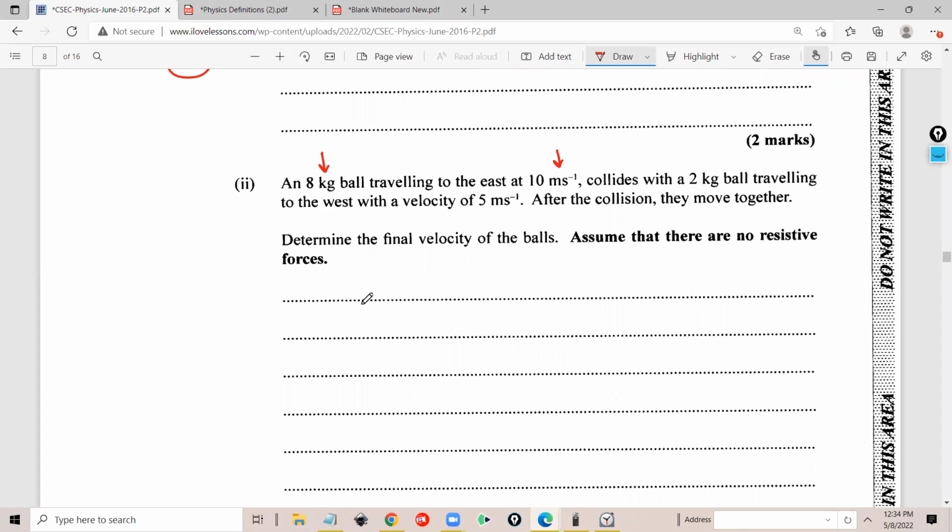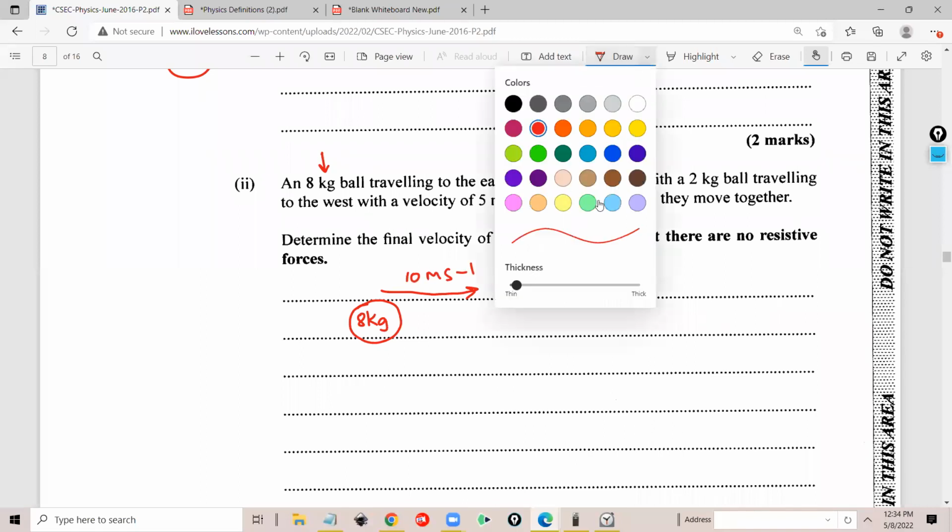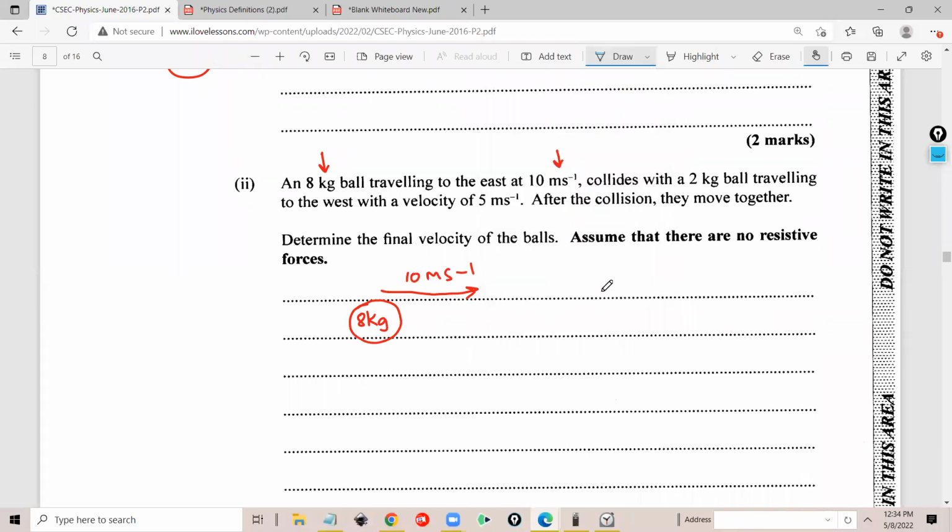You have one ball, which is 8 kilograms, and it's moving east at 10 meters per second. Then you have another ball moving in the opposite direction, west. So it's 2 kilograms and it's moving west at 5 meters per second.